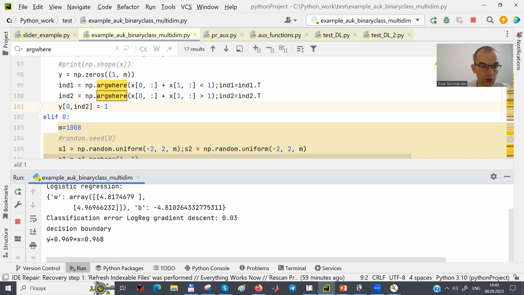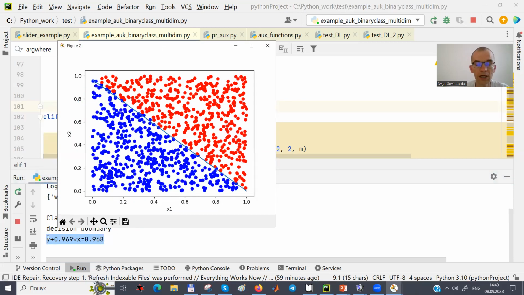So the weight coefficients are 1 and 0.969, and the bias is minus 0.968. So we have the equation for this line, which serves as the decision boundary. So I think it's quite clear.